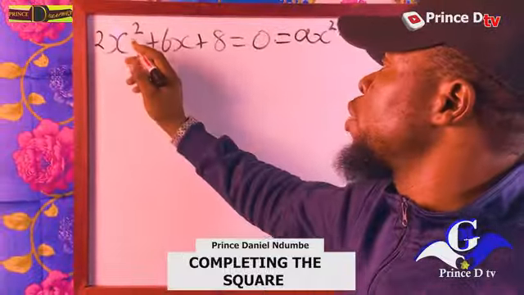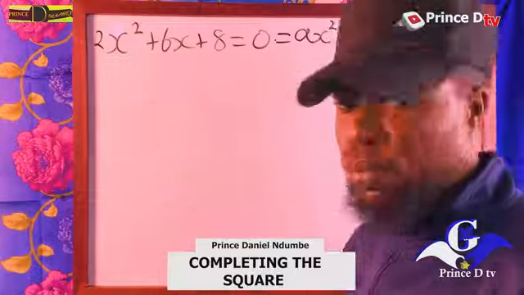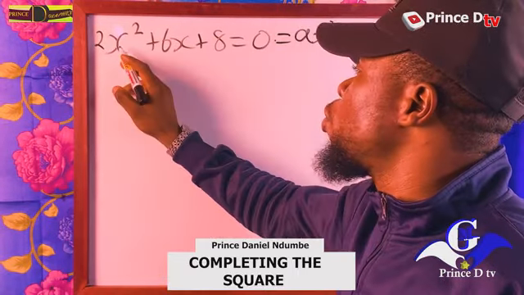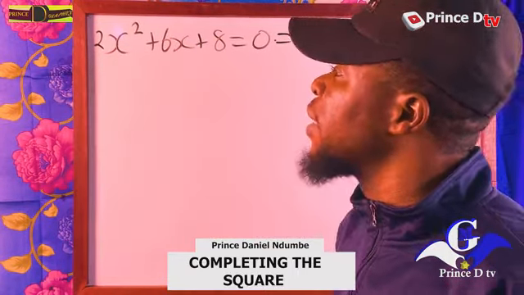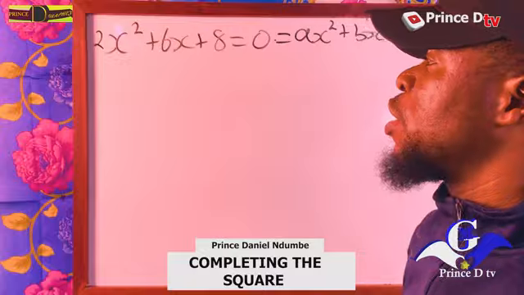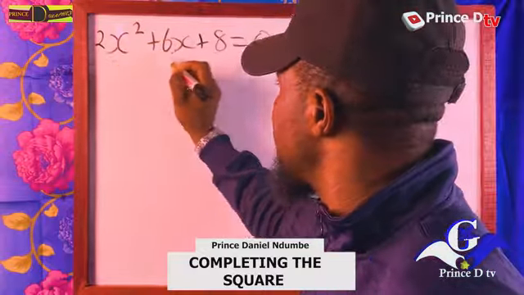You must divide all through by 2 in this case, so that our coefficient of x squared should be 1. So it should always be 1. That's the next step.